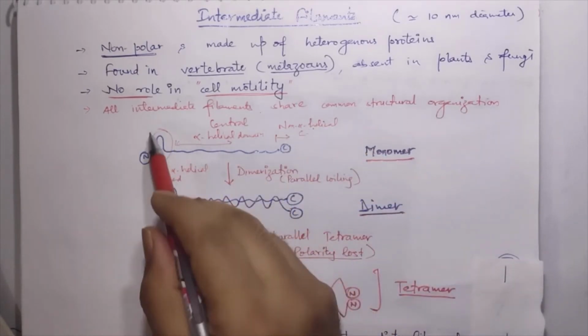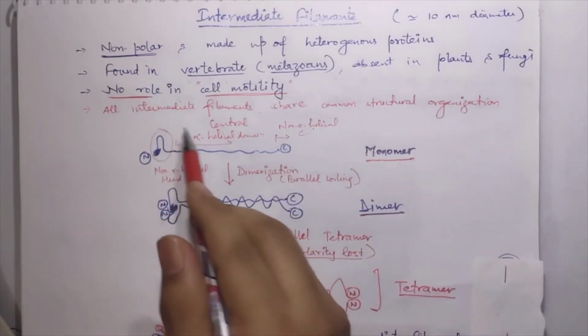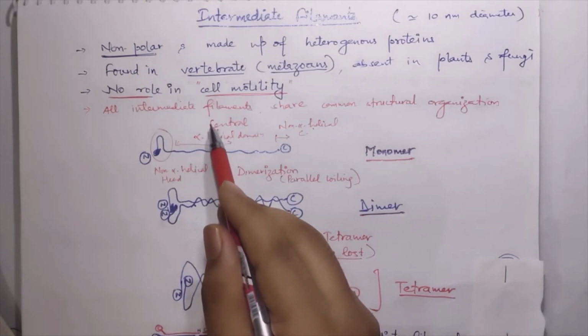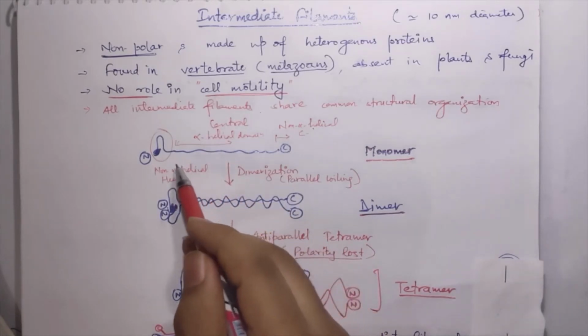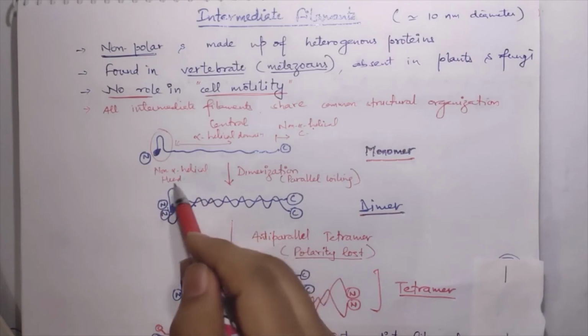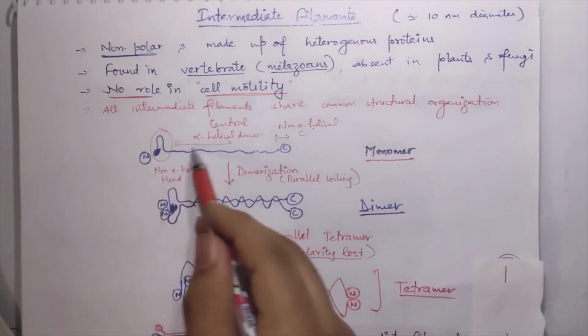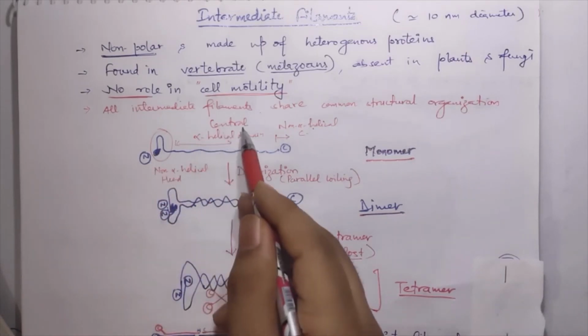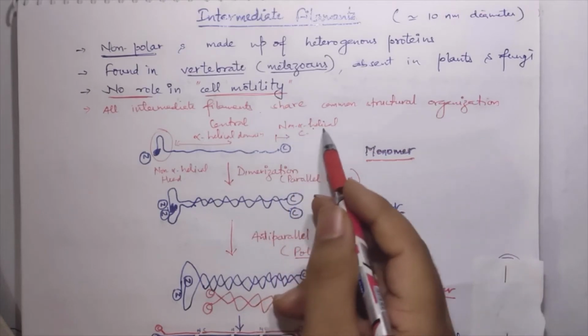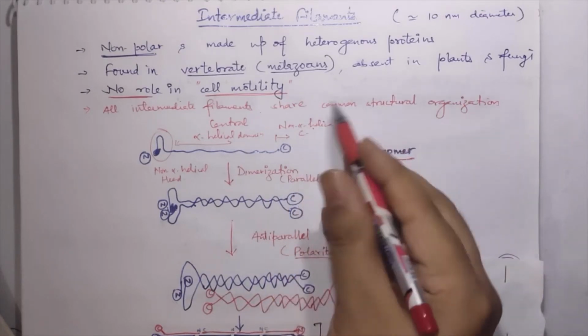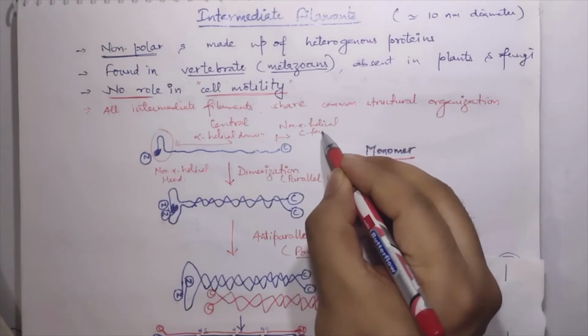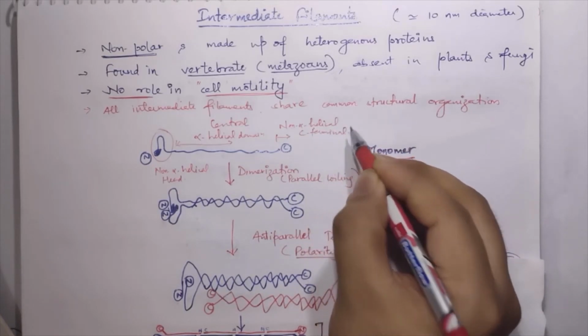So the individual polypeptide of an intermediate filament has a non-alpha helical head domain, an alpha helical central domain, and a non-alpha helical C-terminal domain.